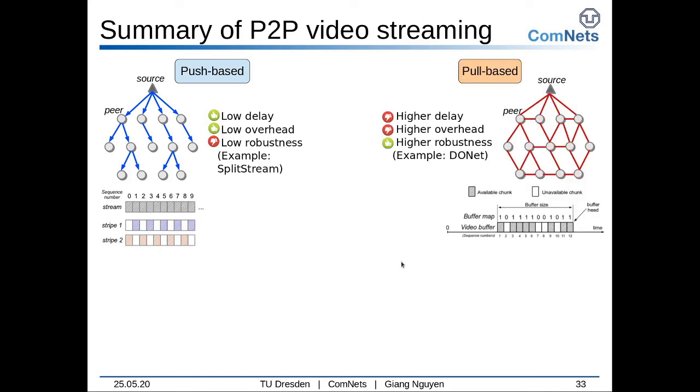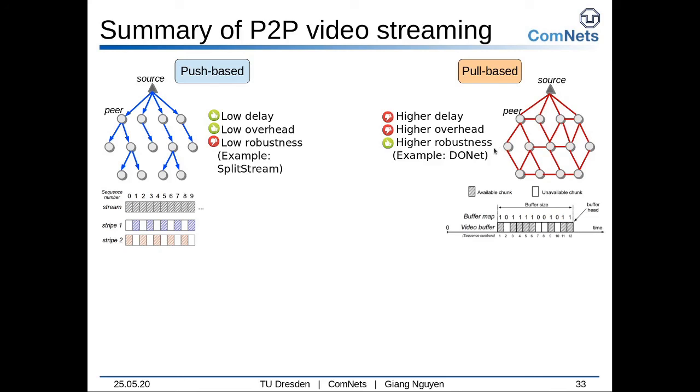On the other hand, we have pull-based systems, where all the peers form bidirectional connections with one another to form a mesh topology, and therefore each peer maintains several connections to others, and the connectivity is maintained very highly. The advantage is the high robustness.